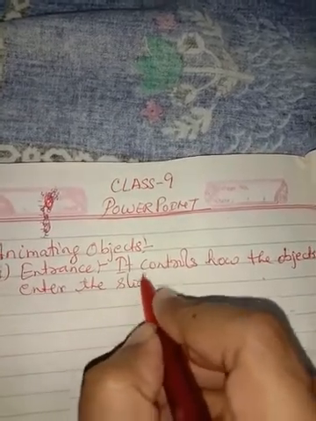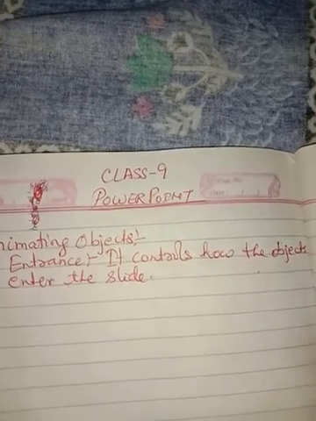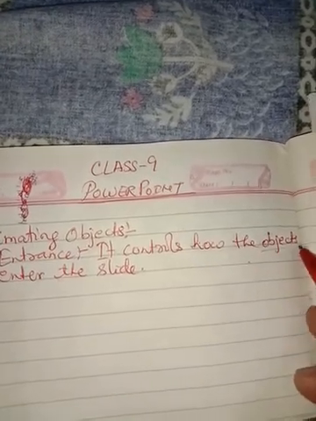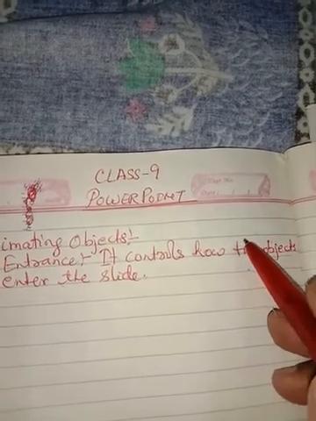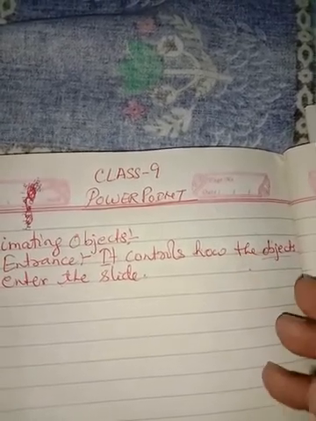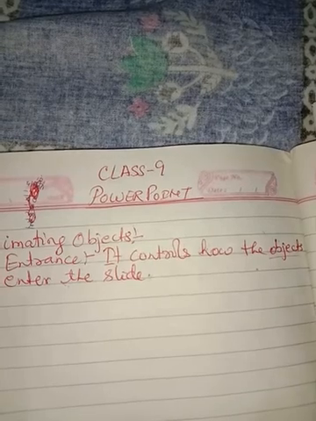What can be the objects? The objects can be the text, it can be the images, it can be the different pictures, etc.